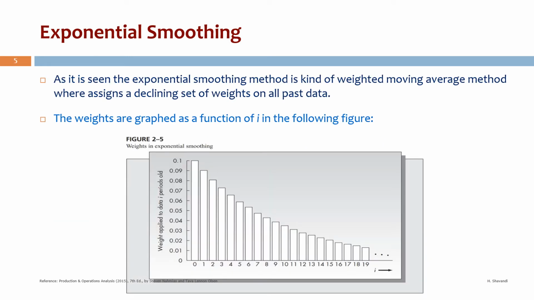If we graph the weights over time, we see that exponential smoothing is a kind of weighted moving average method that assigns a declining set of weights to all past data. So the most recent observations have higher weight, and the old observations have lower weight.